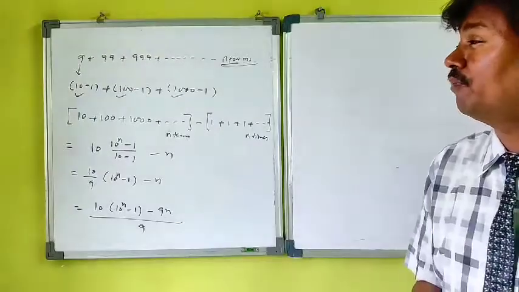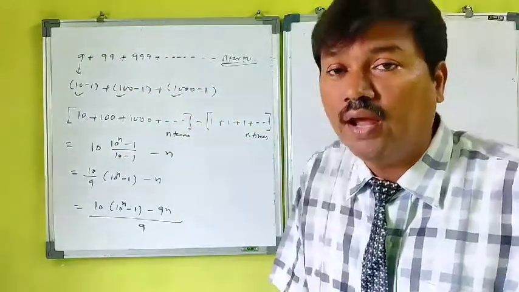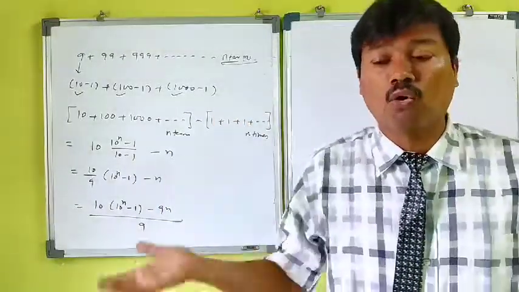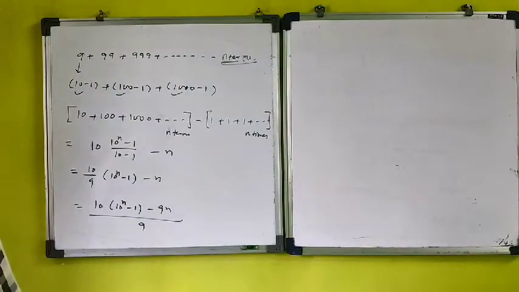So when this type of question, 9, 99, 999, is there, we have to solve like this. Or any other number, say 5, 55, 555, you make it in these forms. See one question based on the textbook.